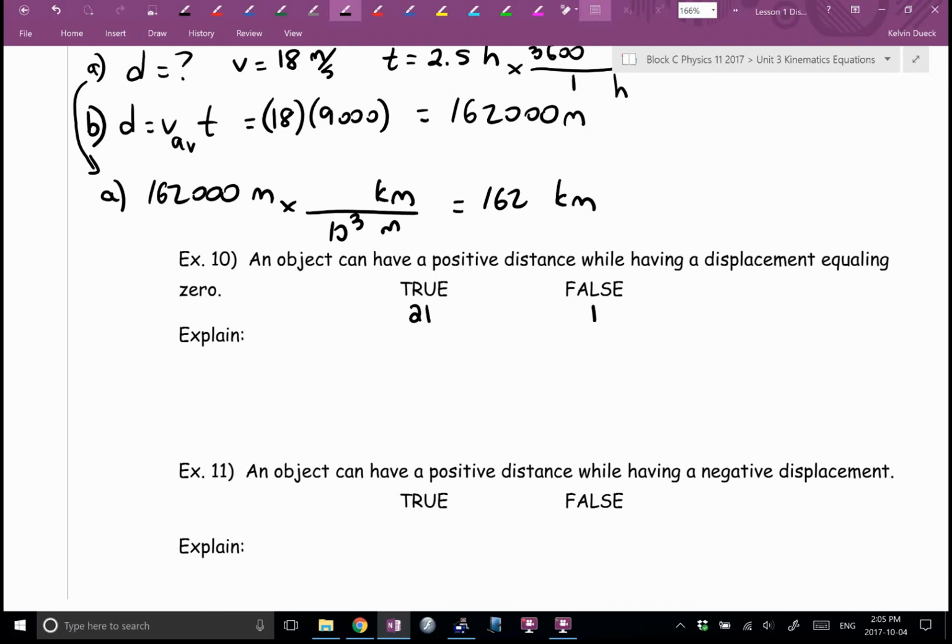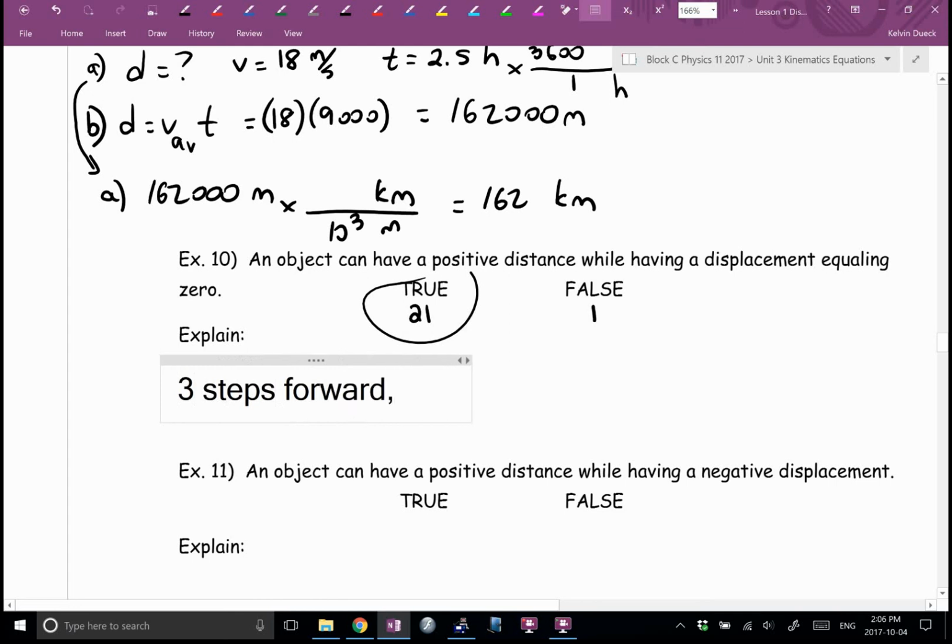Distance just keeps adding up and adding up, no matter which way you're traveling. So what's the correct answer? Have I convinced you? Explain. How about 3 steps forward, 3 steps back? That works for me.